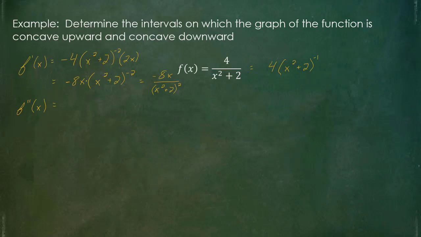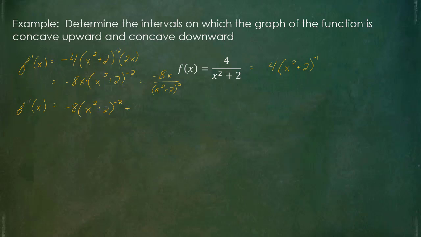So if I go ahead and go straight to the second derivative using the product rule version, I'm going to go with the derivative of the front, which would be the derivative of negative 8x, which is just negative 8, times the original second function. And in this case, it was the x squared plus 2 to the negative 2 power.